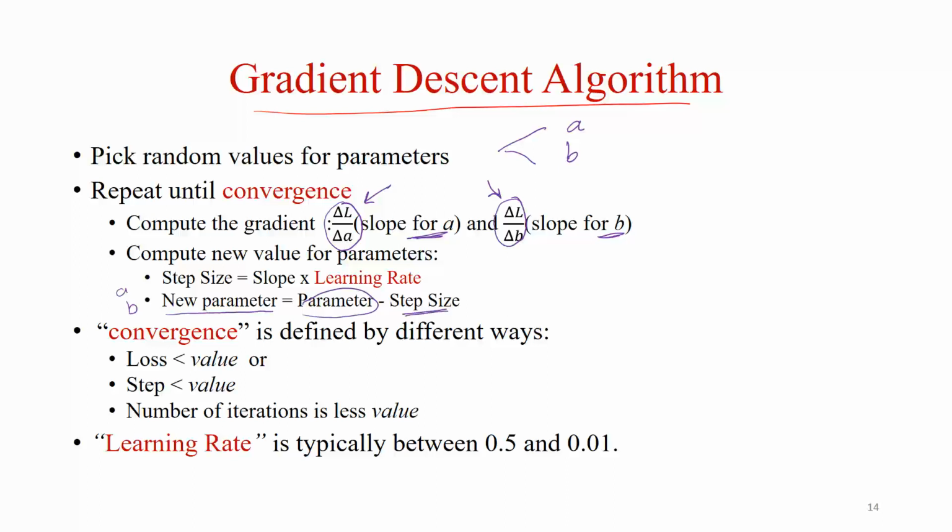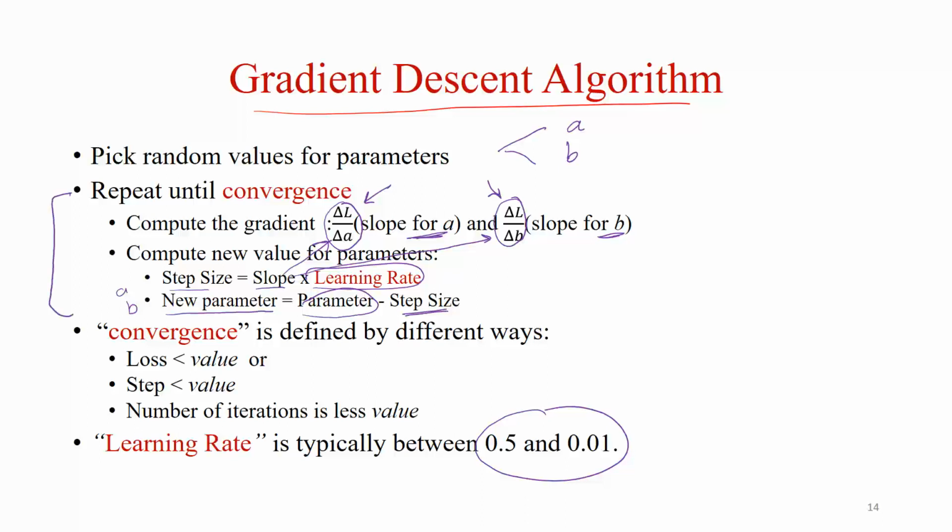What is the step size? Well, the step size is really the slope, which is coming from these equations, multiplied by a learning rate, which is typically between 0.5 and 0.01. Now, obviously, this is repeated.